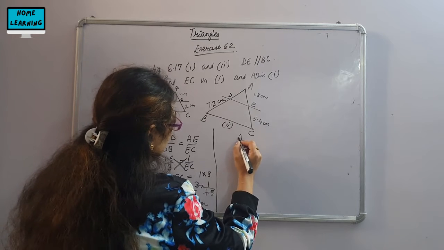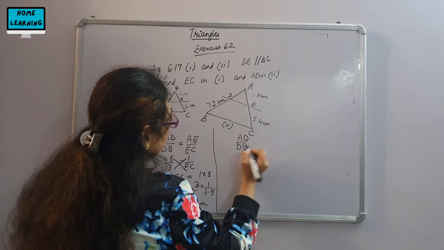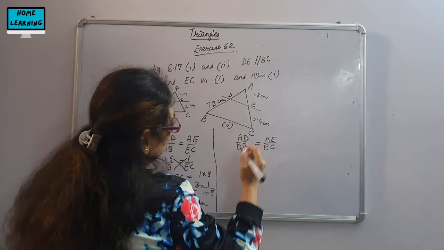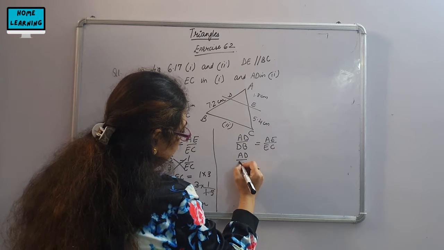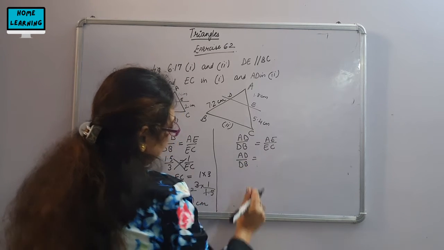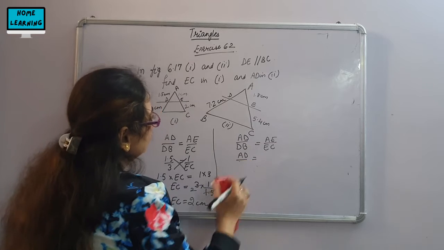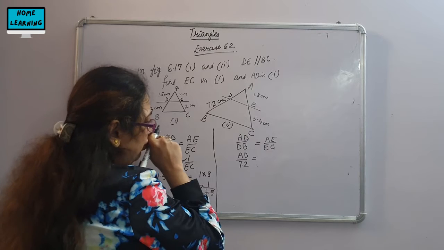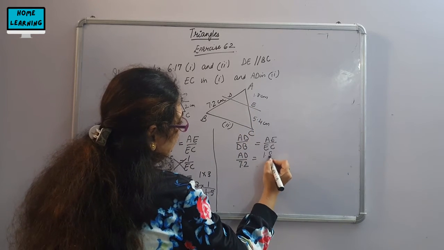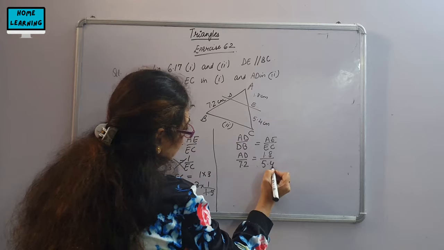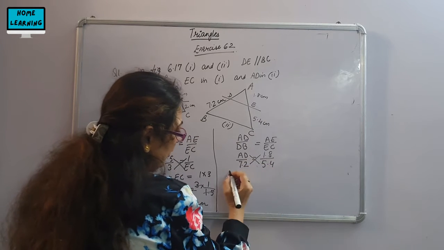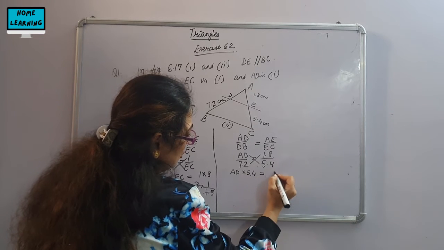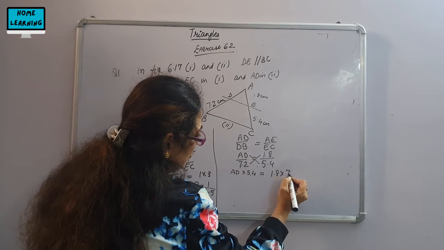AD upon DB is equal to AE upon EC. Now AD we have to find. DB we are given as 7.2 centimeter. AE is 1.8 and EC is 5.4. Again we will cross multiply. AD into 5.4 is equal to 1.8 into 7.2.